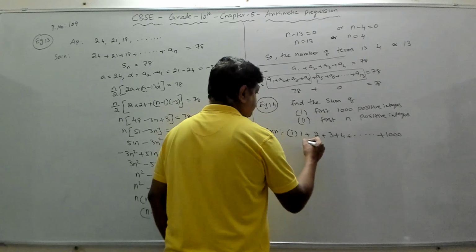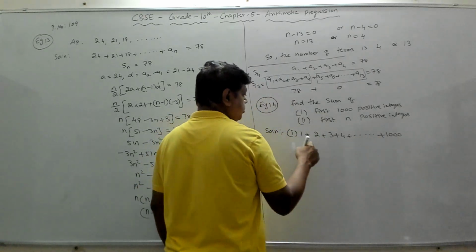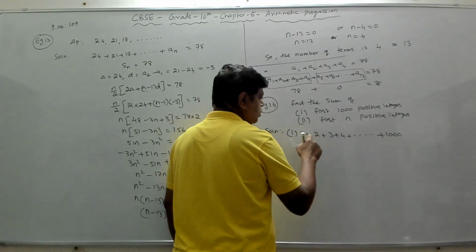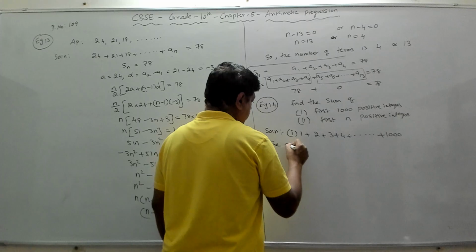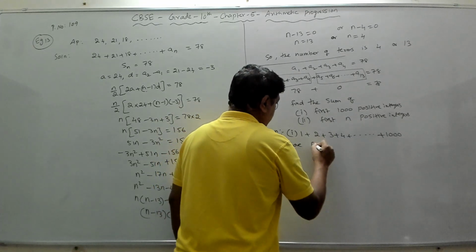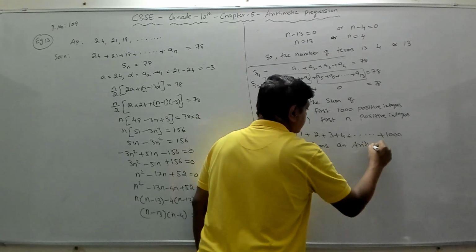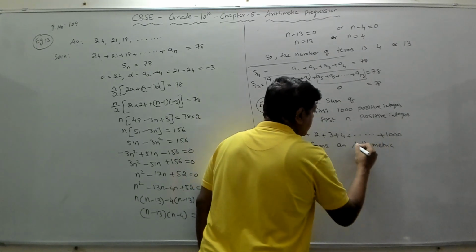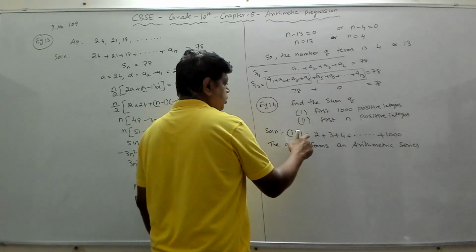So now this one forms an arithmetic series. We call it a series because you have plus plus plus, right? So we'll say the above forms an arithmetic series. We don't call it arithmetic progression, we call it arithmetic series because you have plus plus plus.